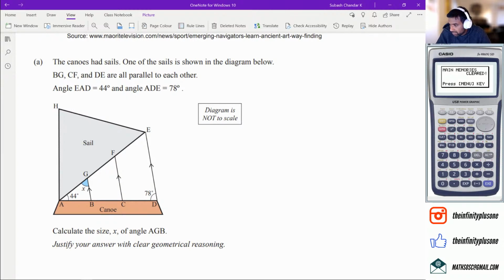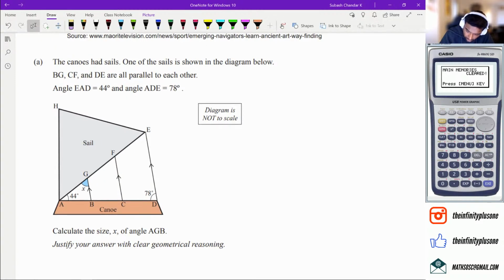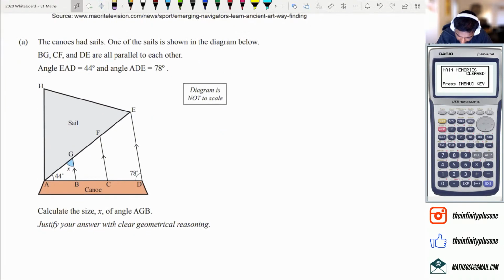So what we have to do is prove some of the angles. Even before that, what I generally tend to do is start marking things to give me an idea. I've got 78 here, because EDC is 78, and because they're parallel lines, this is also going to be 78 degrees.